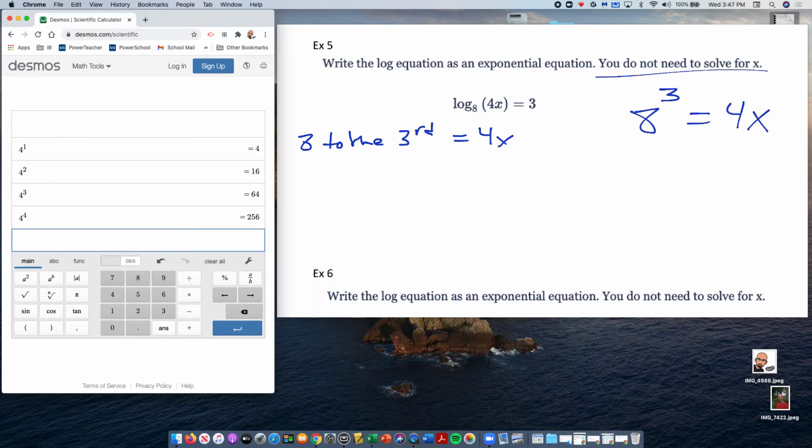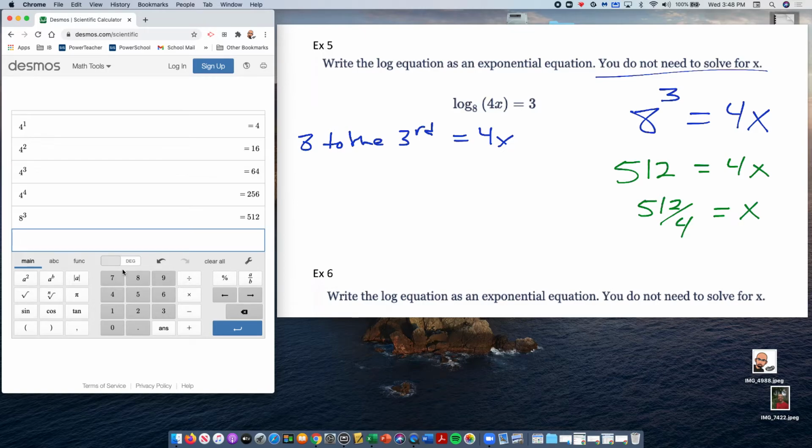If I needed to solve this, let's just pretend I was going to solve it. I could do 8 to the third power and find out that's 512 equals 4x. So x is equal to 512 divided by 4.